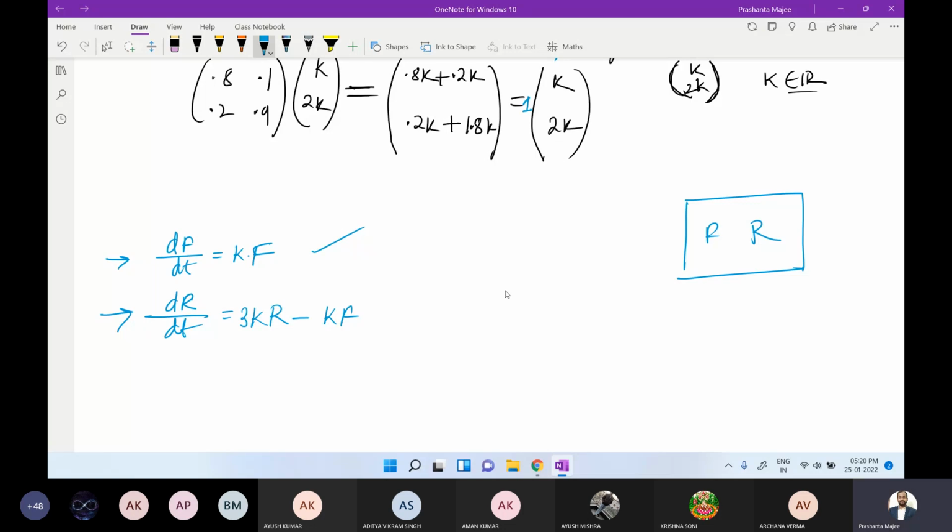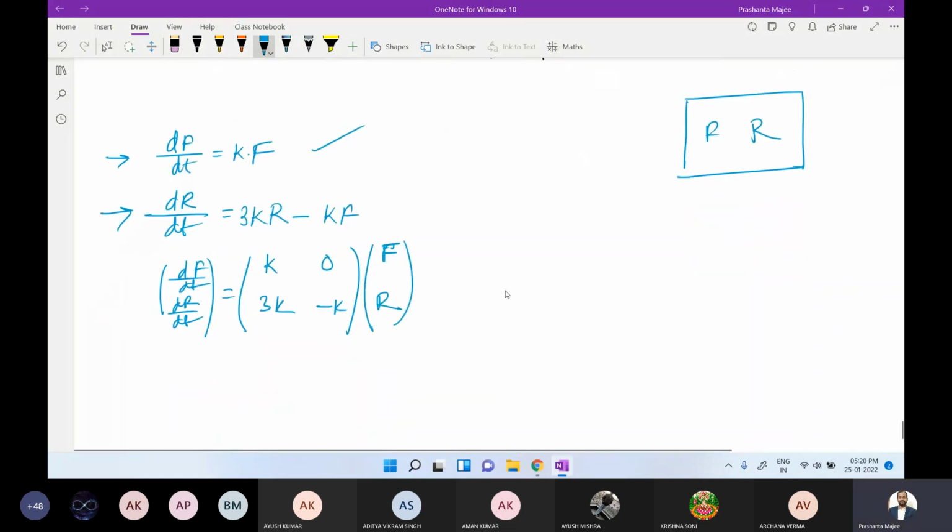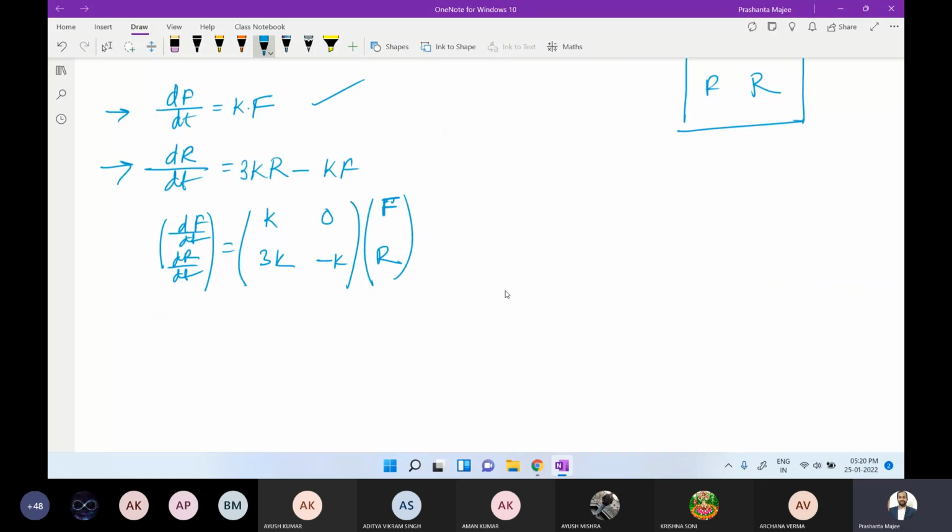So if you see, this can be written in matrix form. df by dt, dr by dt equals the matrix k 0, 3k minus k, times f r. For a certain environment, k will be fixed, determined by the environment. So you have obtained a matrix. So what will be the equilibrium of the system?